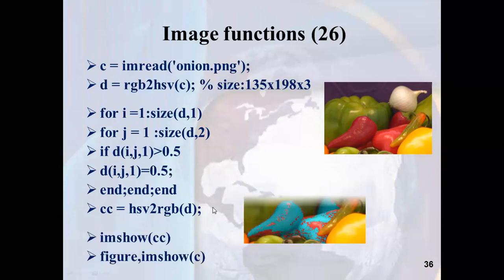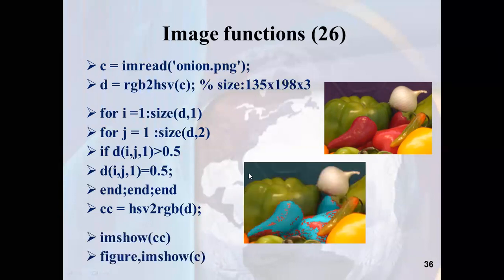And when displaying the image, this is the difference between these two images. This is the original. This is when all the elements greater than 0.5 are set to 0.5. So this has made a change on the colors, the red colors here.